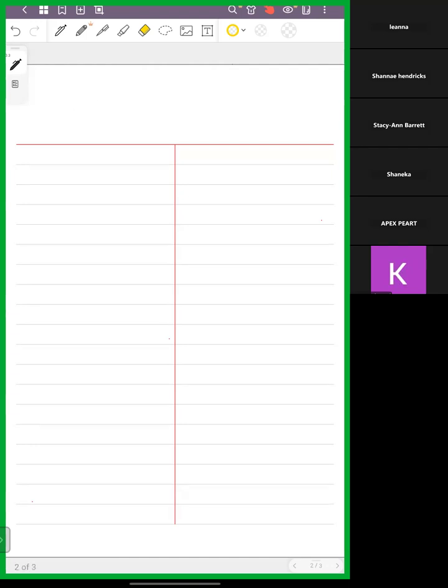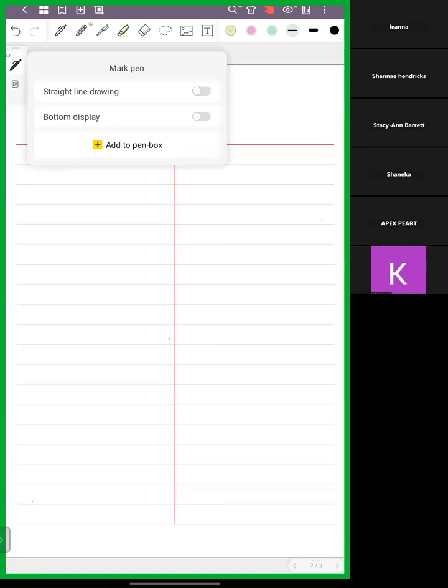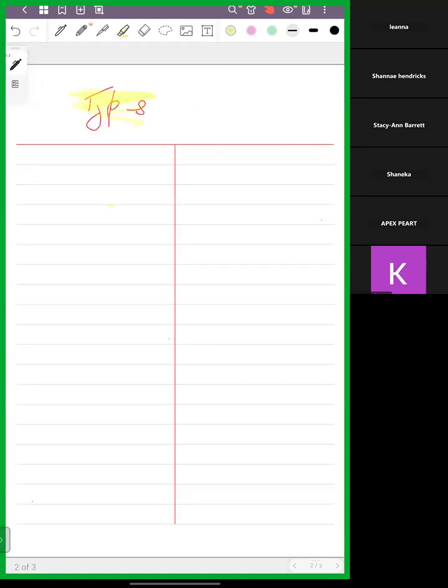So here it is. We have a subheading, guys: types of fractions. Just write that for me, guys. So all right, types of fractions. That's the heading, guys. There are two types of fractions.